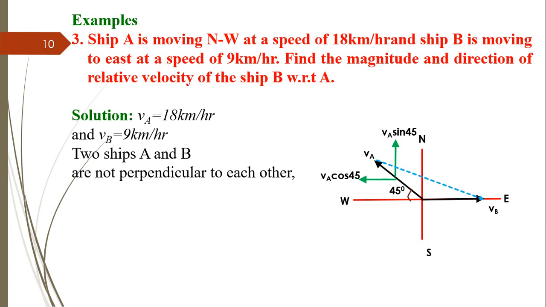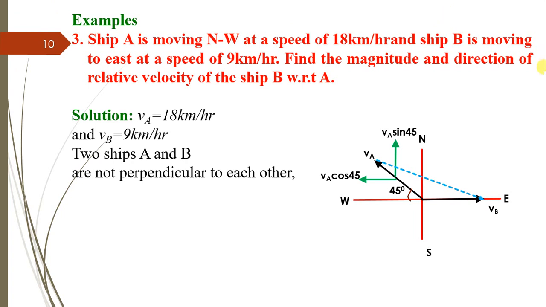Now the third example: ship A is moving northwest at a speed of 18 km per hour and ship B is moving to the east at a speed of 9 km per hour.